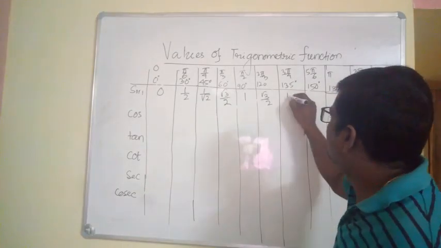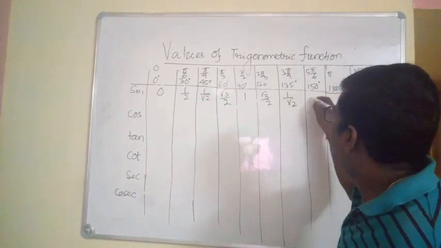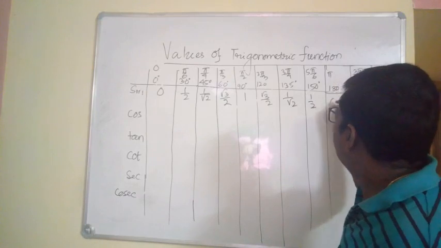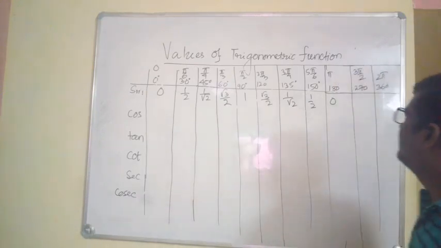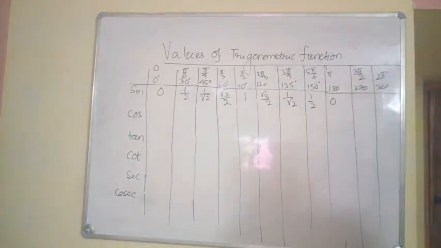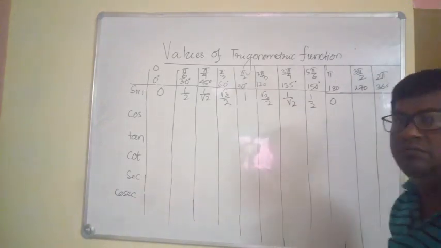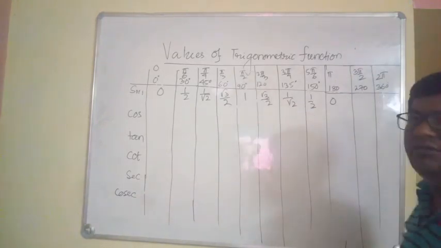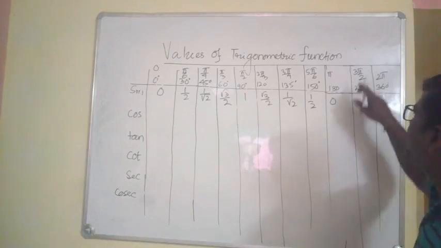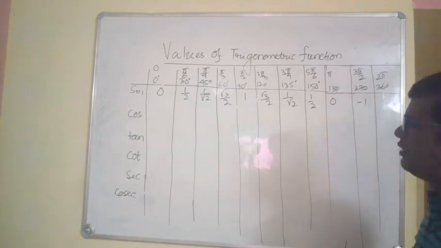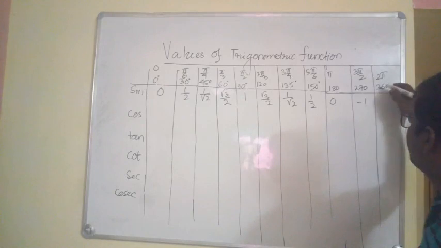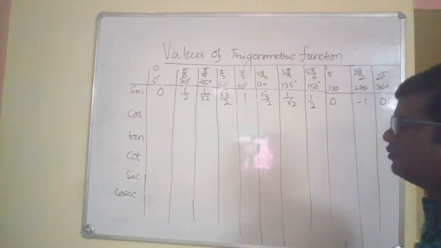Clear? Then sine pi by 2 is 1, sine 3 pi by 2 is minus 1, again sine 2 pi, 360 degree, is 0.